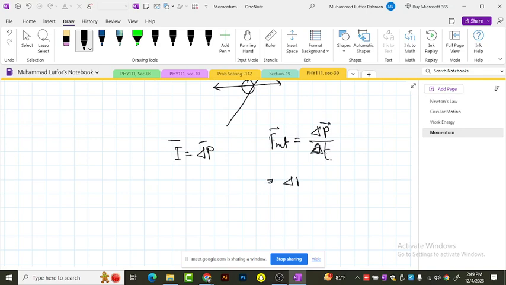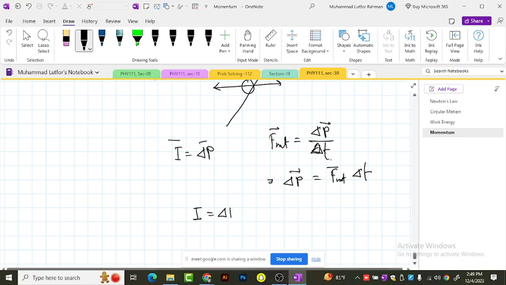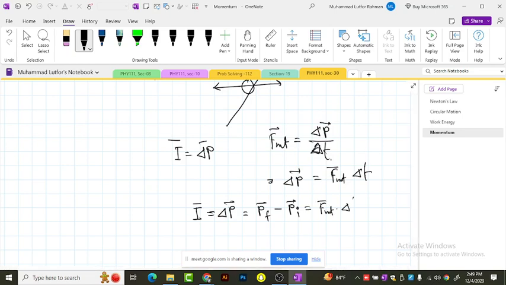Then this change of momentum would be simply F net times del t, which means impulse I should be equal to del p, which is the momentum final minus the momentum initial, and that must be equal to F net times del t.